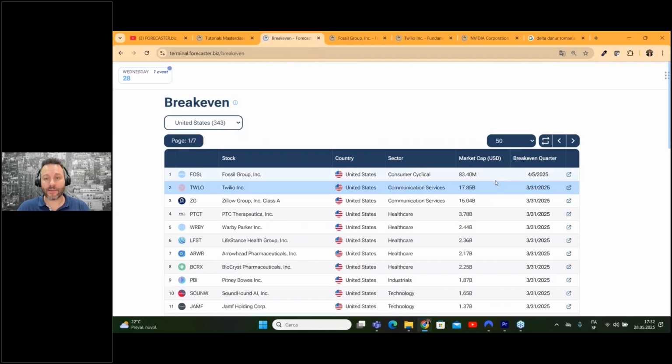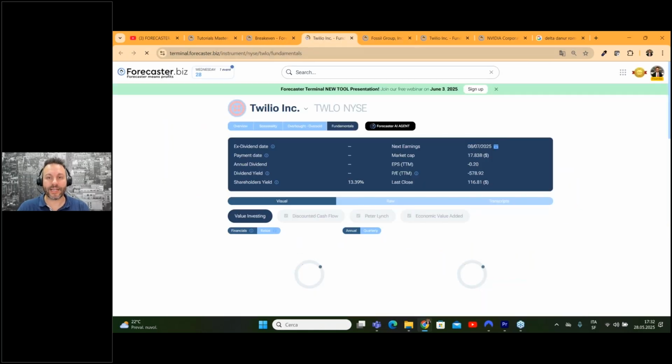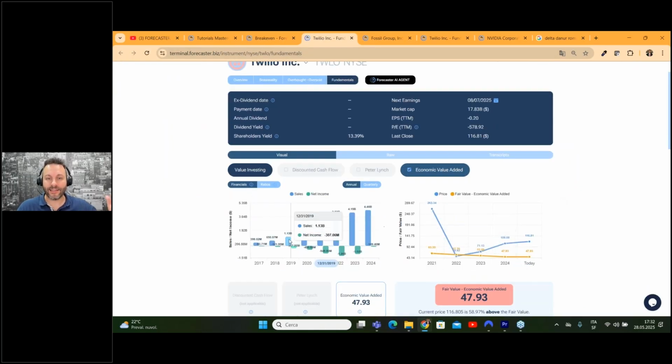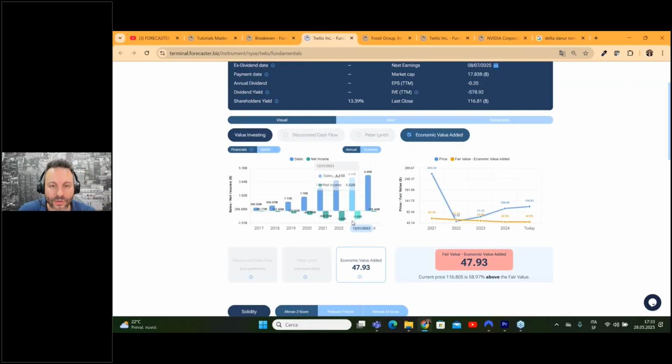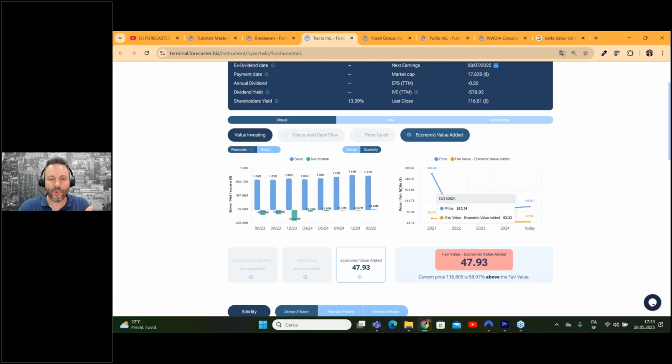I like, for example, Twilio. Twilio is a very nice company because look, the results are growing. Also, the net income is improving. They lost money in the last year, but they are improving their results, and this is the first time ever they have a profit quarter.